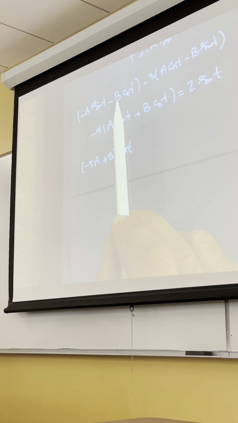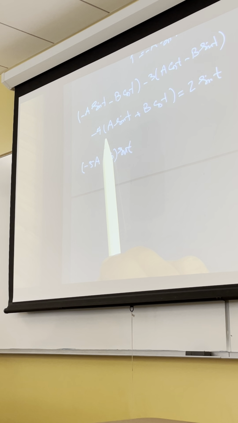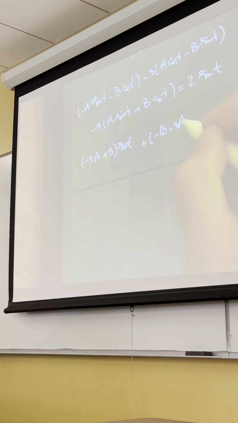That's negative b, plus 3b, so that's 2b. And then minus 4b, so that's negative 2b. Let me write it up. Minus 3a, sorry. Minus 4b cosine of t. Let's just write this as negative 5b, so.